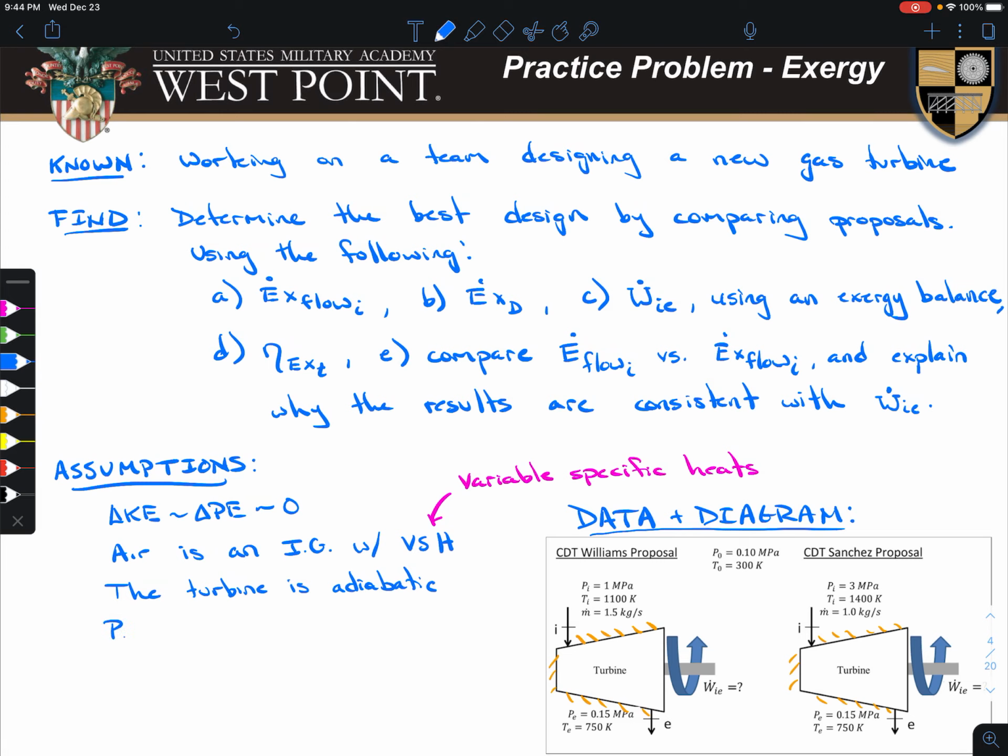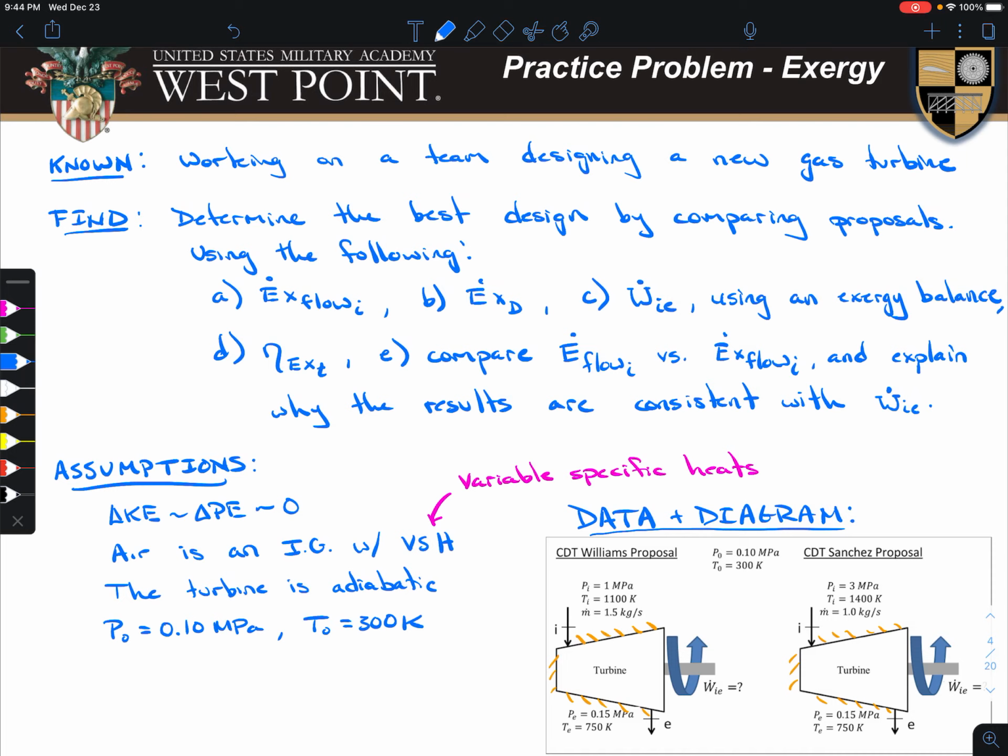And then the last thing we're going to say is that the dead state for both systems, as is called out in the diagram, is going to be 0.1 megapascals, and the dead state for temperature is going to be 300 Kelvin.